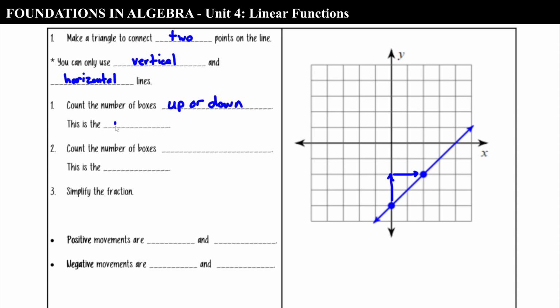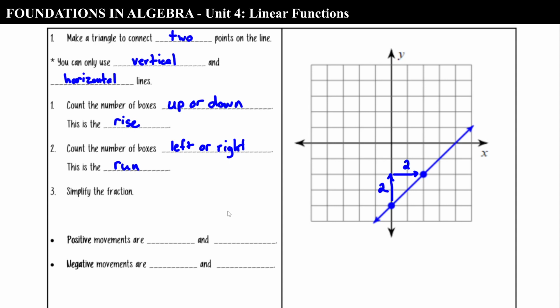This is our rise. So here we have 2 boxes going up. Then we're going to count the number of boxes going left or right. And this is our run. And here we have 2 boxes going to the left, or I should say to the right.